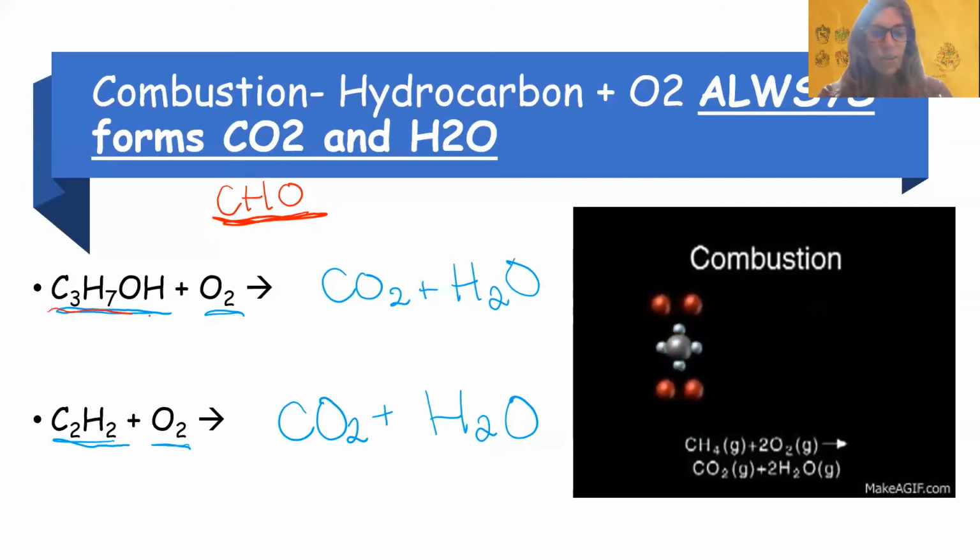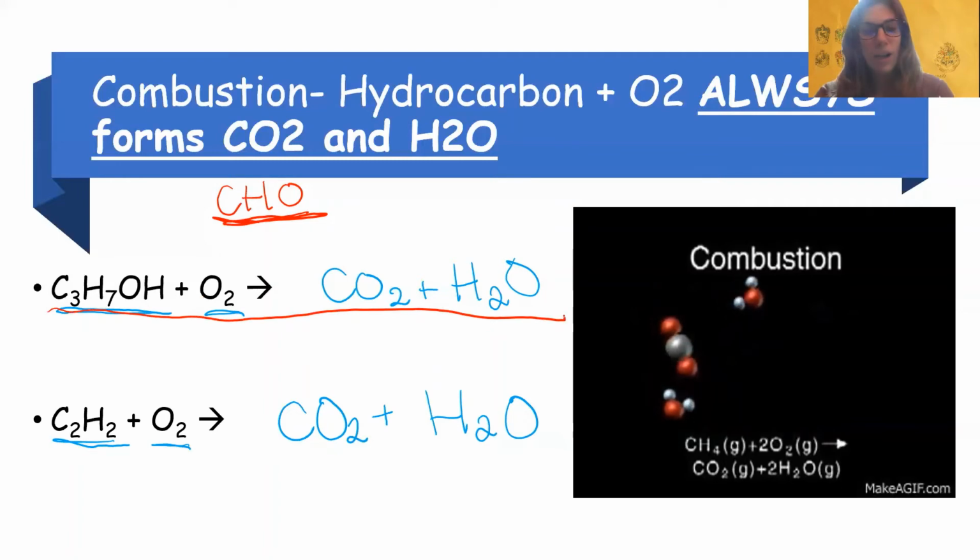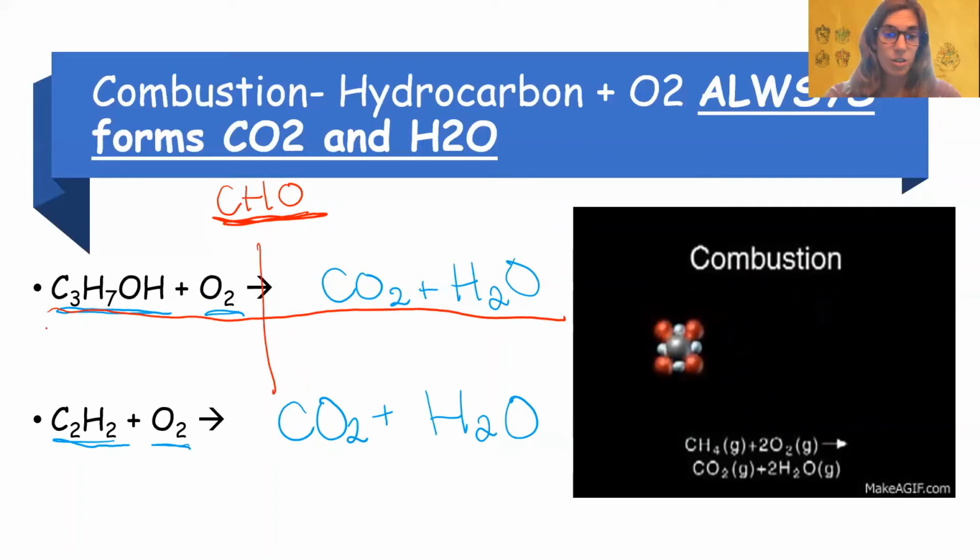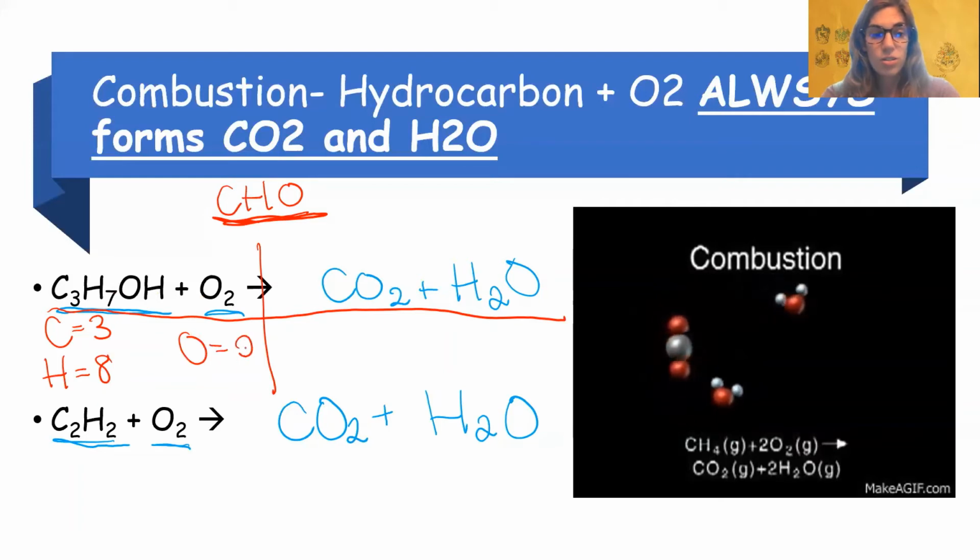So if I were to balance this reaction, I'm going to set up my atom count. Trust me, you want to do the atom counts for combustion. So if I have 3 carbons, I have 8 hydrogens, because 7 plus 1, and I have 2 oxygens.